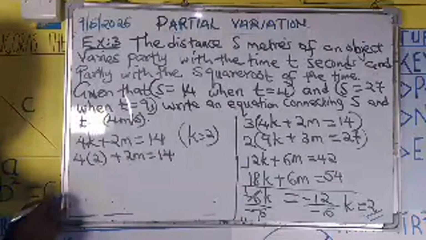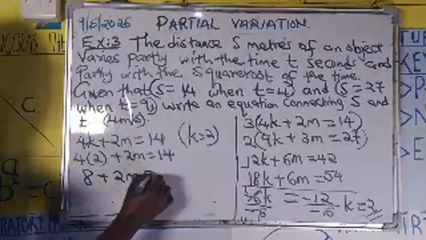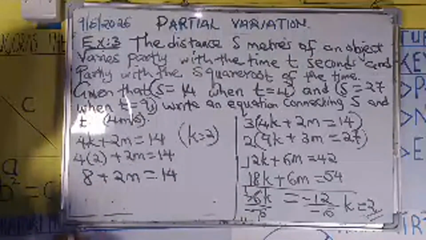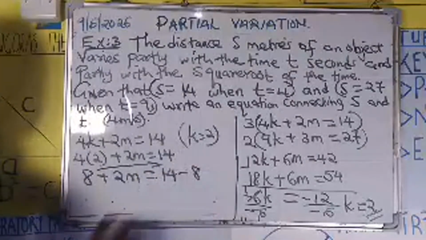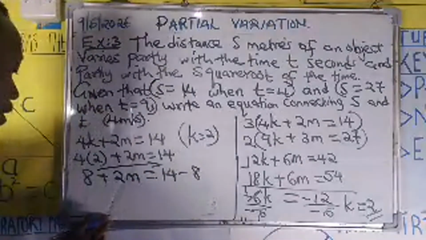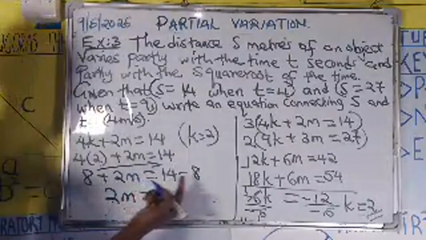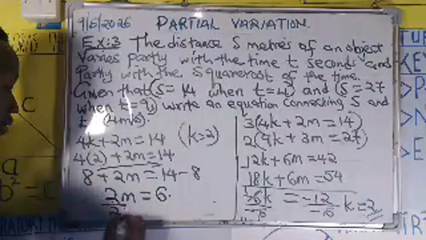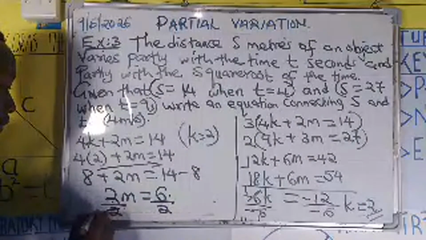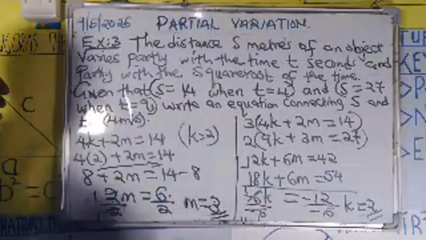We take 8 to the other side so that we subtract it, minus 8. And this is going to be 2m equals 14 minus 8, which is 6. So we divide both sides by 2 and we get m equal to 3.